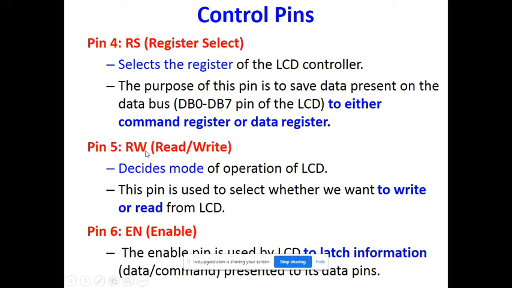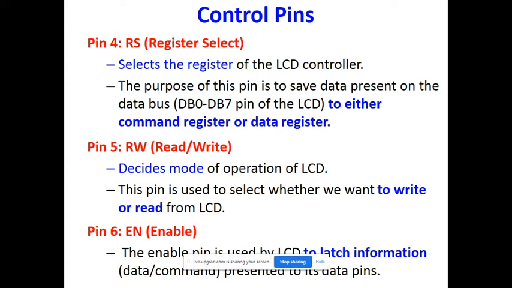Suppose RW is equal to 0. At that time the controller wants to write something on the LCD. Means your data is moving from the controller to the LCD because the controller wants to write into the LCD, that is RW bar equal to 0. In this fashion, the RW pin declares which action is demanded by the controller. RW equal to 1 means read action. RW equal to 0 means write action.